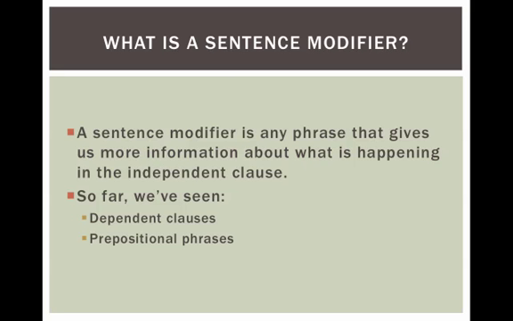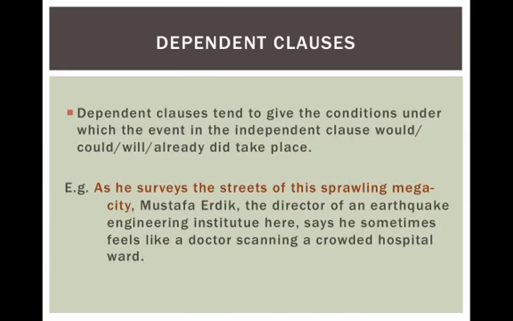So we looked in detail at dependent clauses and prepositional phrases, and we saw some examples of them. We've seen dependent clauses before. The dependent clauses tend to give the conditions under which the event in the independent clause would, could, will, and/or already did take place. So here's an example.